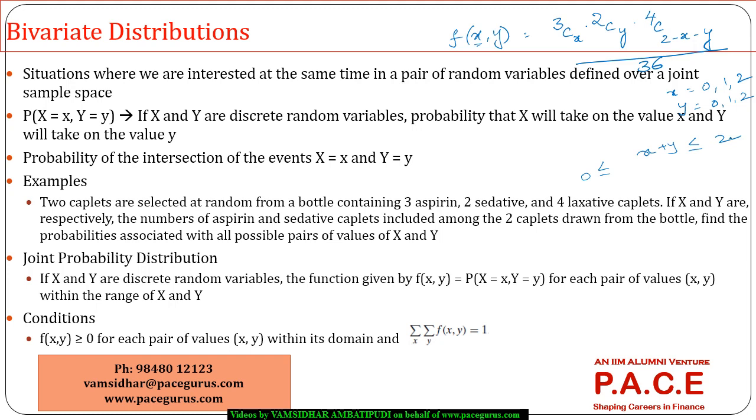So that's the way I'm handling their joint probability distribution. And the conditions: each individual probability should be greater than or equal to 0 for each pair of x and y, and when you sum up the probabilities across the entire domain, the sum should be equal to 1. We have already done that summation. We have seen it is 36 by 36 equal to 1.